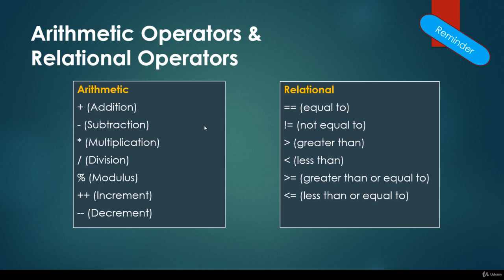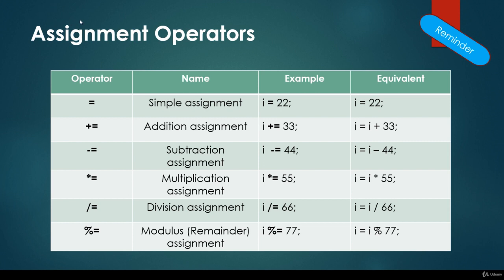I guess these are quite straightforward. If you want to add integers, you have to use the addition operation. If you want to calculate the modulus, you have to use the percent sign. If you want to compare two values, whether the first one is smaller or greater, you have to use relational operations.